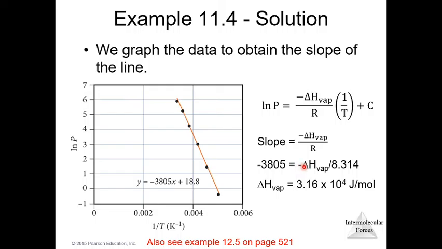Set that equal to negative heat of vaporization divided by our R, 8.314. And here's my heat of vaporization that I've calculated for dichloromethane: 3.16 times 10 to the 4 joules per mole. Now your typical units for heat of vaporization will be either joules per mole or kilojoules per mole. We're going to work on an additional example from the book in another video.